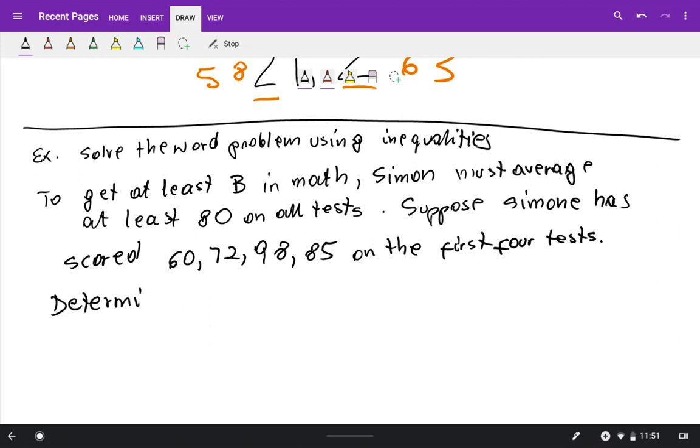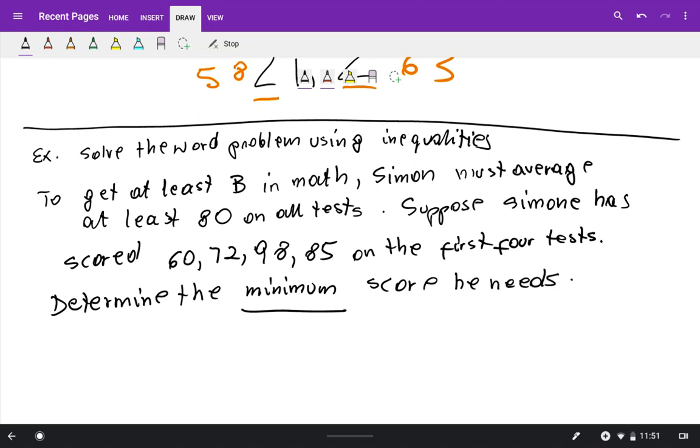Determine the minimum score he needs on the fifth test to receive B.